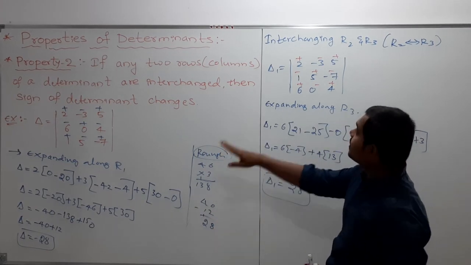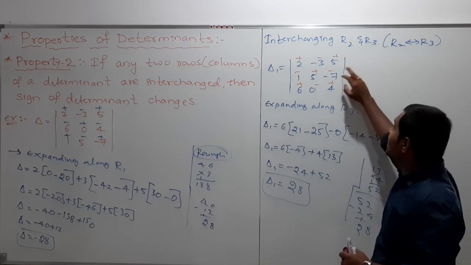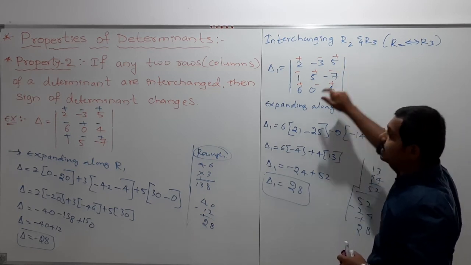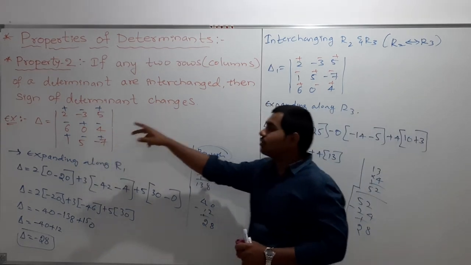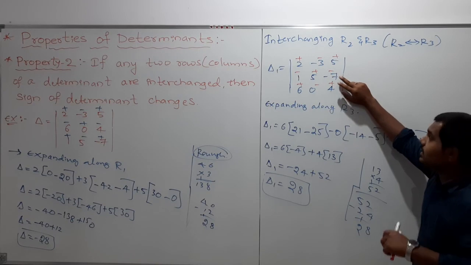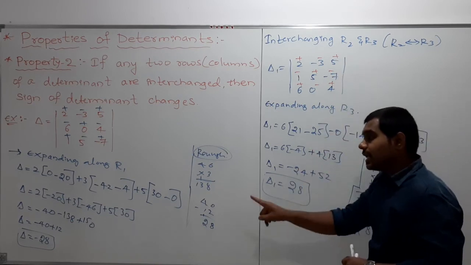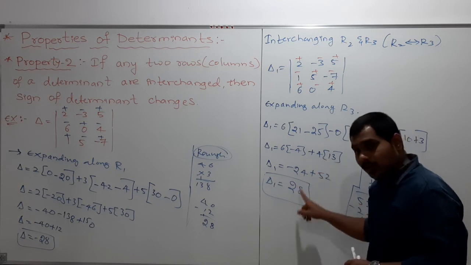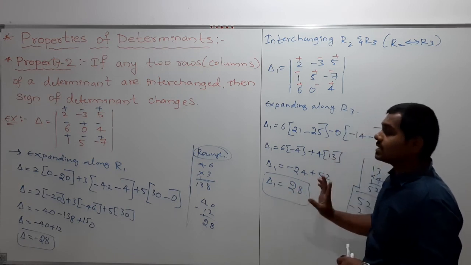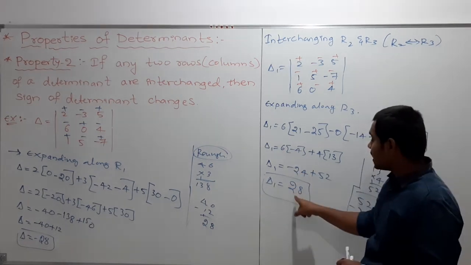Now, the same determinant, I just interchanged two rows, R2 and R3. This row and this row I interchanged here. After interchanging, if you calculate further, again I got the same value, 28 only, but the sign is different. There I got negative, but here I got positive.